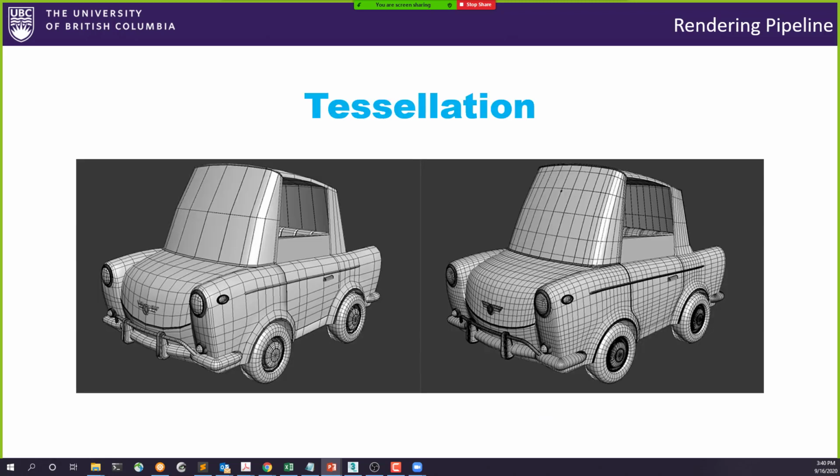So what is tessellation? Tessellation is a tiny section in your pipeline whose purpose is to increase the number of geometric primitives to provide better looking models. This model here has a certain amount of primitives, right?